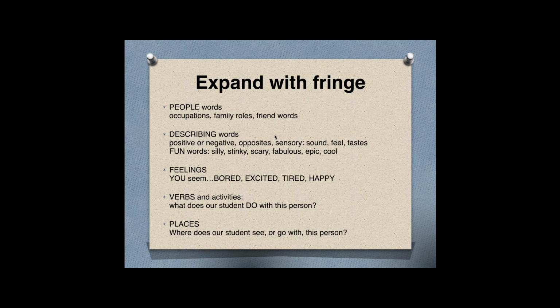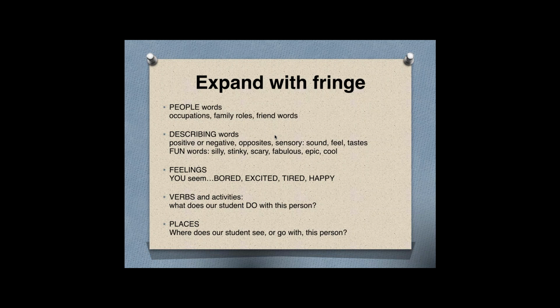Those are great imaginative words that kids make great use of. Family roles such as mom, dad, sister, cousin, aunt, uncle, and friend words such as BFF or just friend are all really powerful words. So yes, she is your friend, she's your sister. We can start expanding on our kids' interest in people by using words like that.